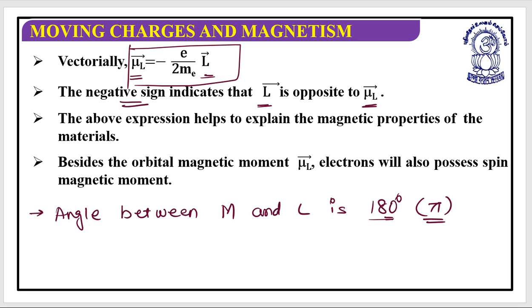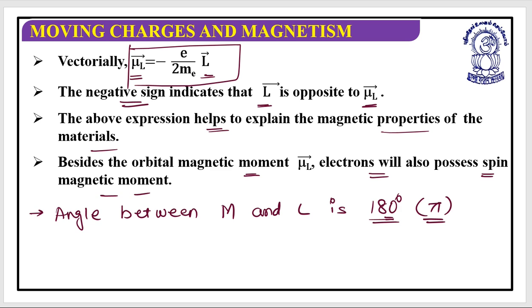Please do remember this, it has been asked once in the AIIMS examination. This property helps to explain the magnetic properties of the material. Besides this orbital magnetic moment, electrons also have a spin magnetic moment that you might study in your chemistry classes.